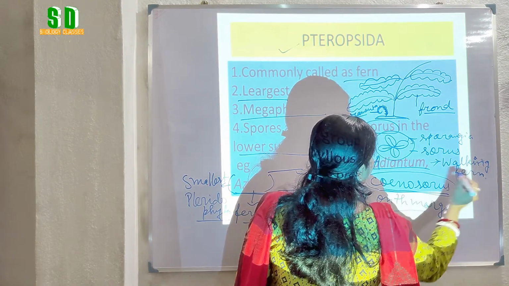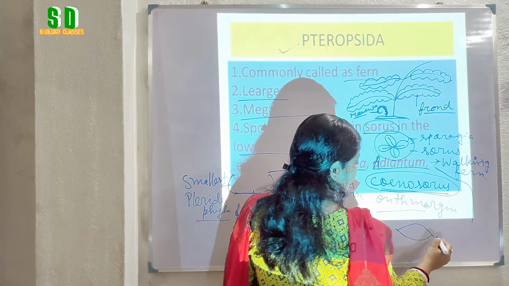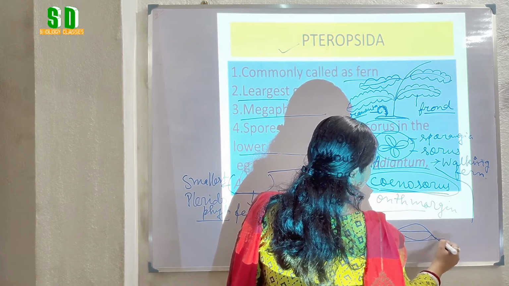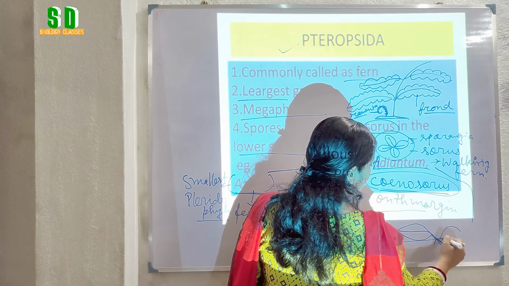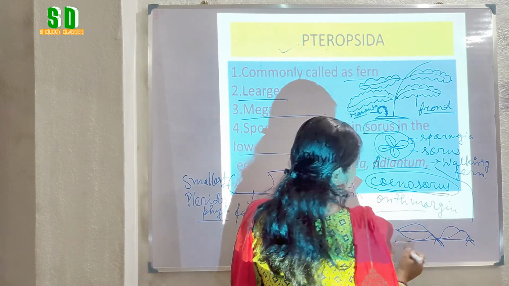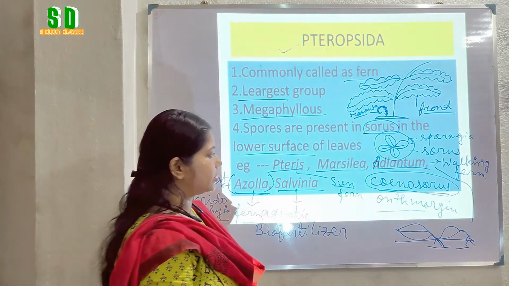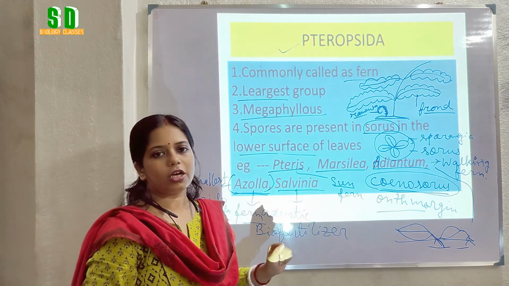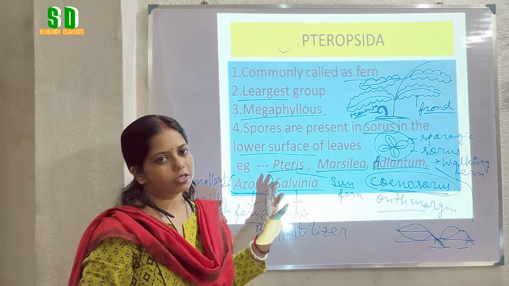Because their vegetative growth occurs by the tip of the leaf. That is, the tip of the leaf touches the ground and from there new roots arise. That's why they are called the walking fern. Adiantum is called the walking fern. So these are the common examples of the Pteropsida and some information about each and every member of the Pteropsida.